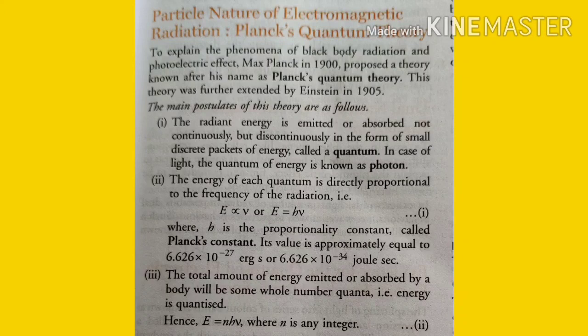Now the energy possessed by 1 mole of quanta or photons, that is Avogadro's number N0 of quanta, is called 1 Einstein of energy. That is, 1 Einstein of energy, represented by E, is N0 h nu, that is N0 h c upon lambda.